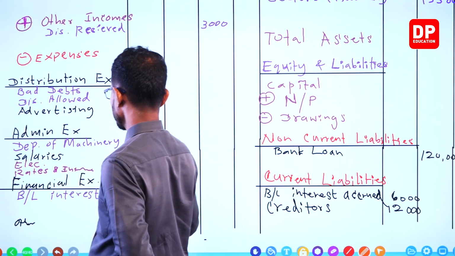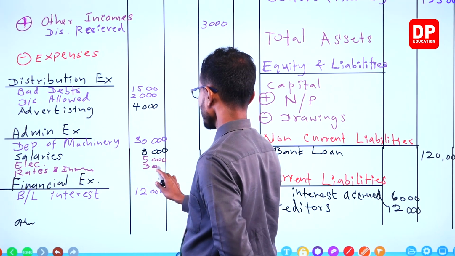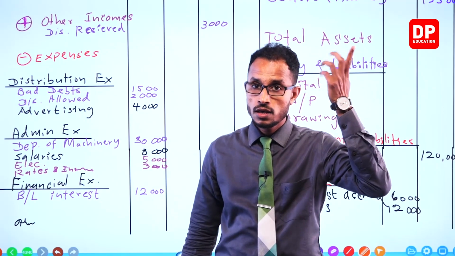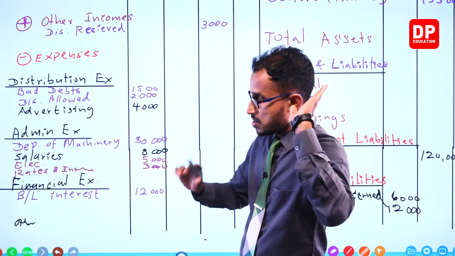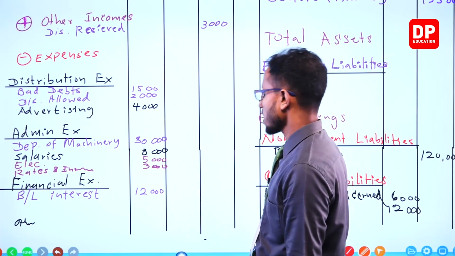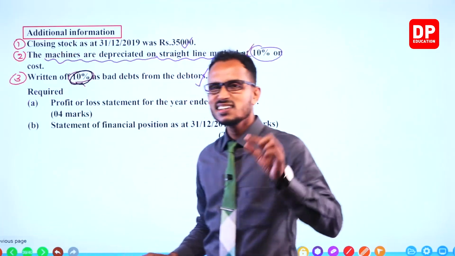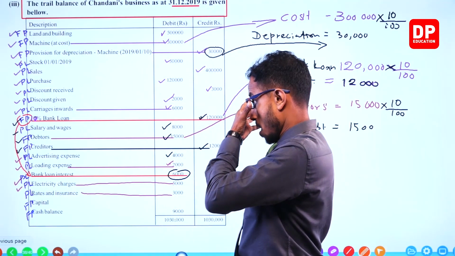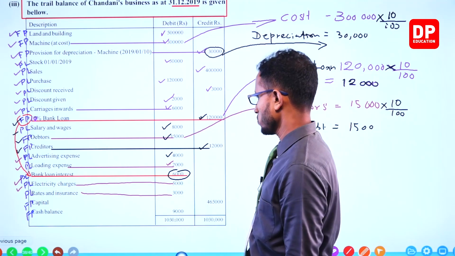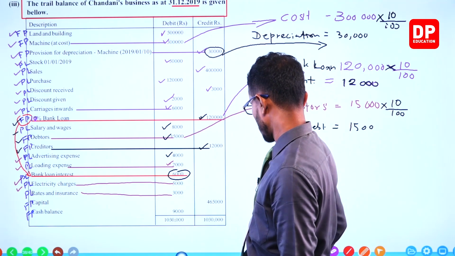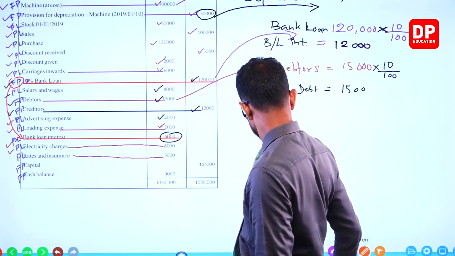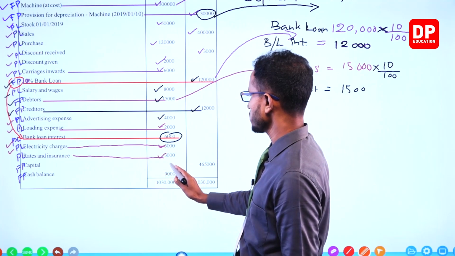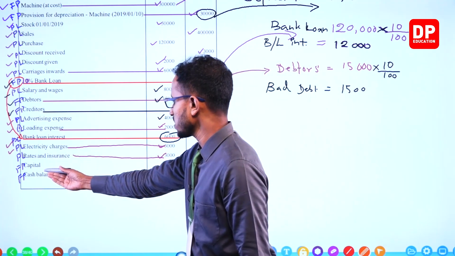Just enough space. Done. We took electricity, rates and insurance.